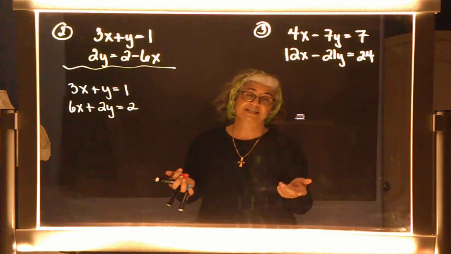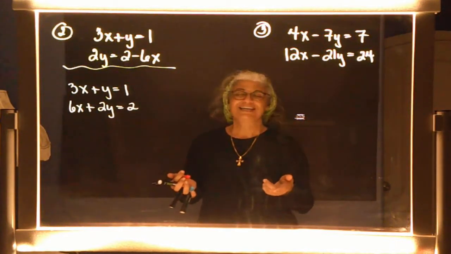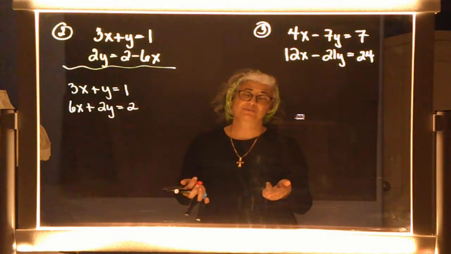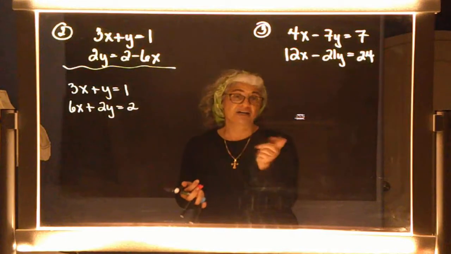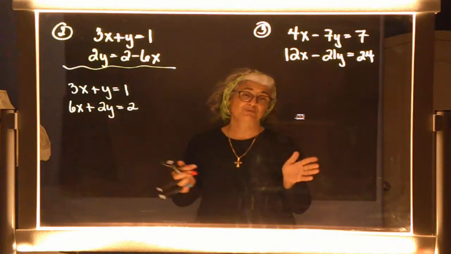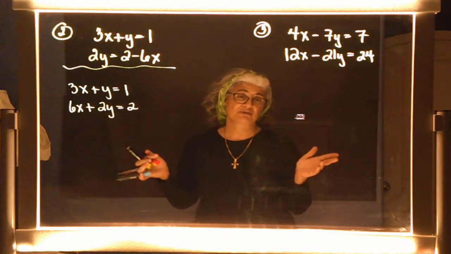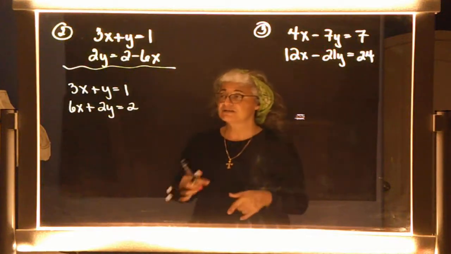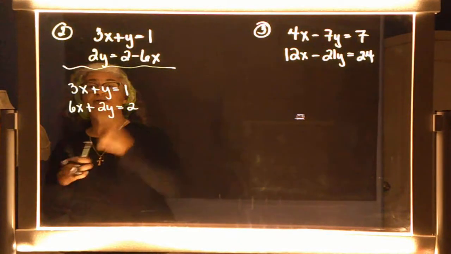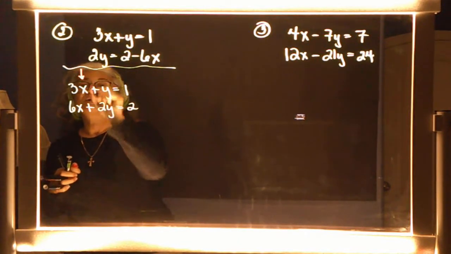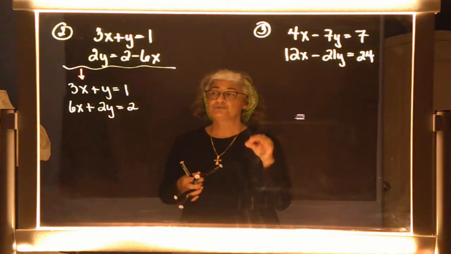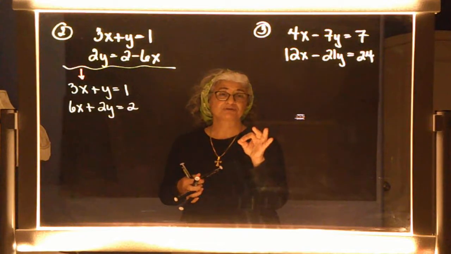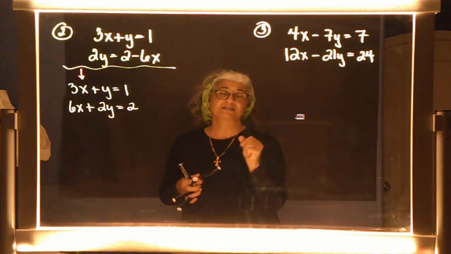So what do you want to eliminate, x's or y's? Yeah, in this case it doesn't really matter, does it? Because the coefficients are not the same on either variable. So I'm going to have to multiply either way. So what do you want to get rid of? X? Okay, let's get rid of x. So we're getting rid of the x's, which means we need their coefficients to be the exact same number and opposite signs.